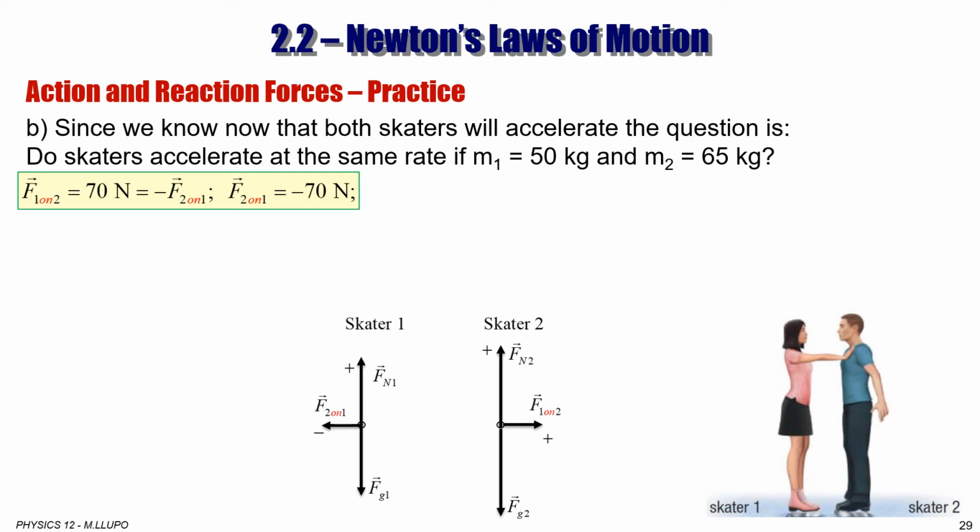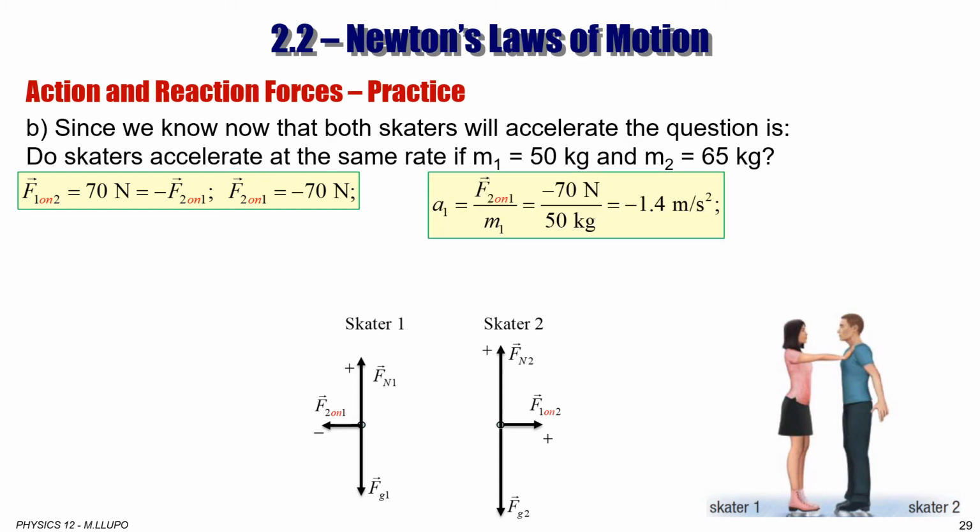Although the magnitude is the same, that will show you the direction of the acceleration. So minus 70, which skater 2 is applying on skater 1, divided by 50 kilograms, which is skater 1's mass, is equal to minus 1.4 meters per second squared. That's why skater 1 is going to move left.